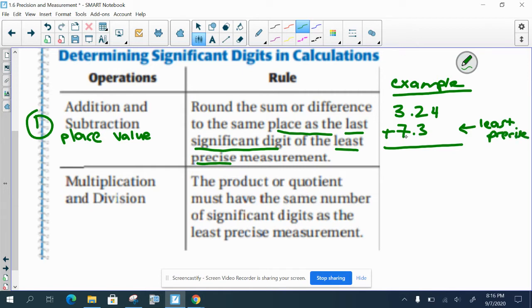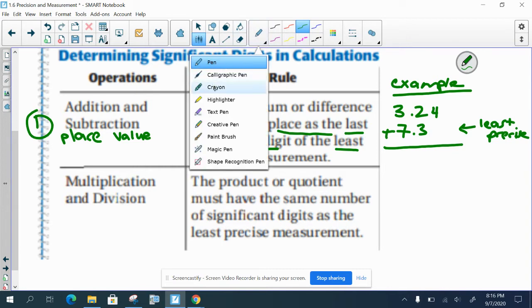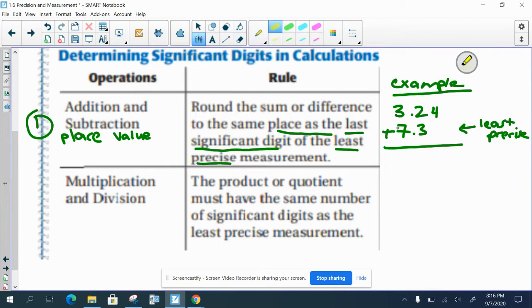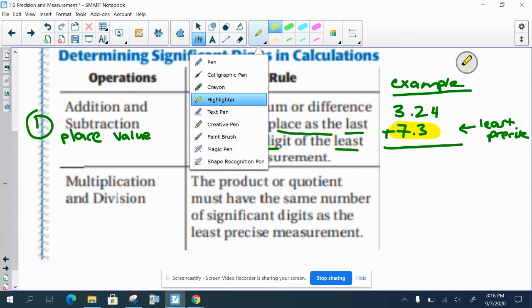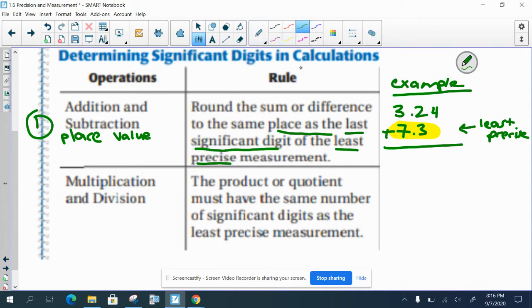And then based on this number, maybe let's highlight it. So we know that this is the number that we are going to use to determine how to round. Since this number goes to the tenths place, that means we're going to round our answer to the nearest tenth. So the place value of this least precise number.